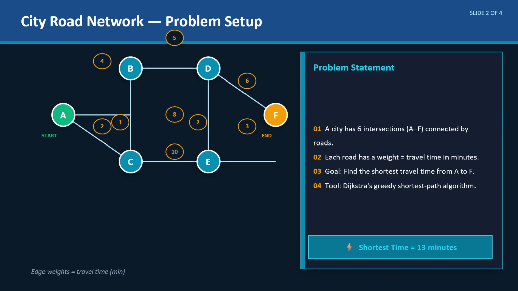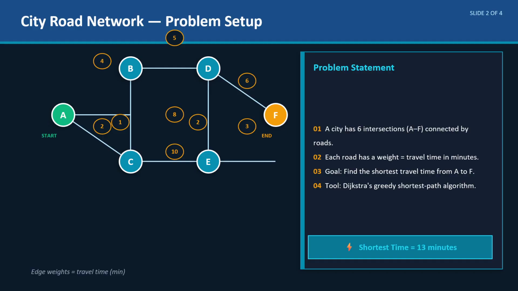First, we need to understand the graph. We have six nodes called A, B, C, D, E, F, and roads connecting them with weights representing travel time in minutes, like 1, 2, 4, 10, 8.